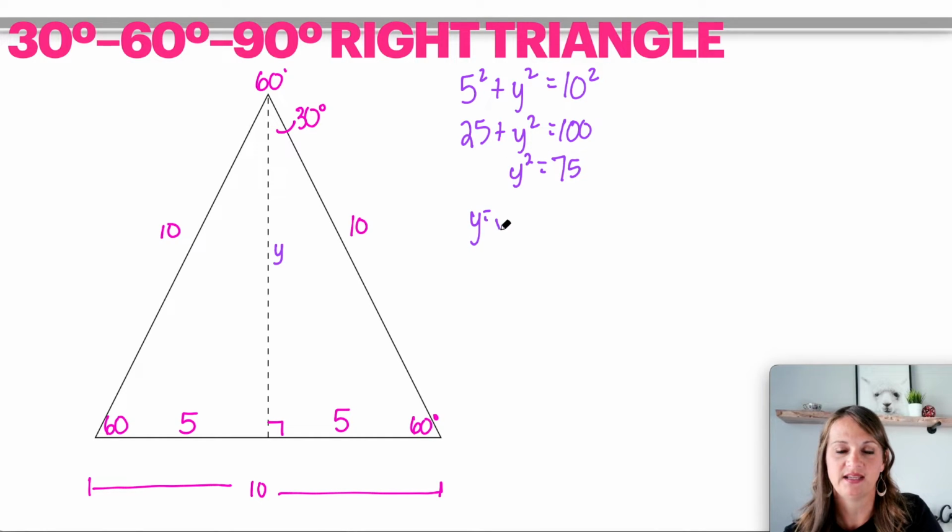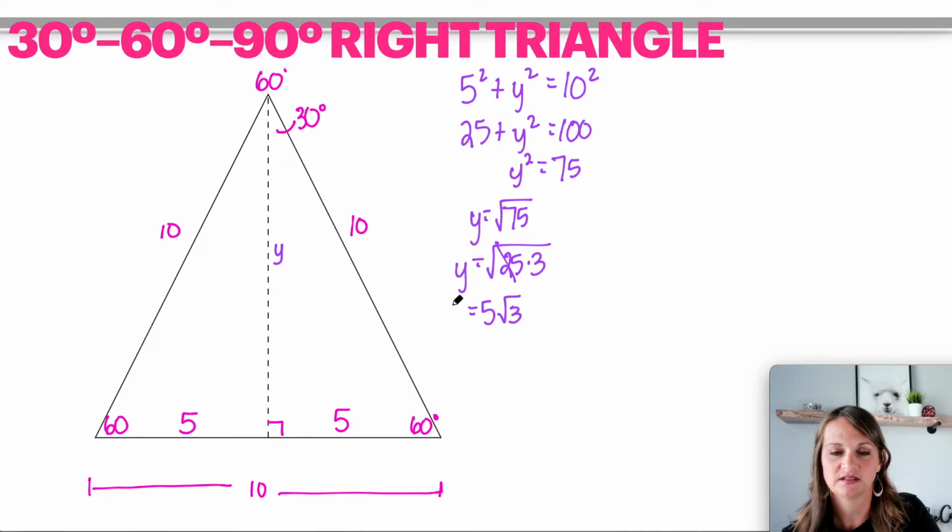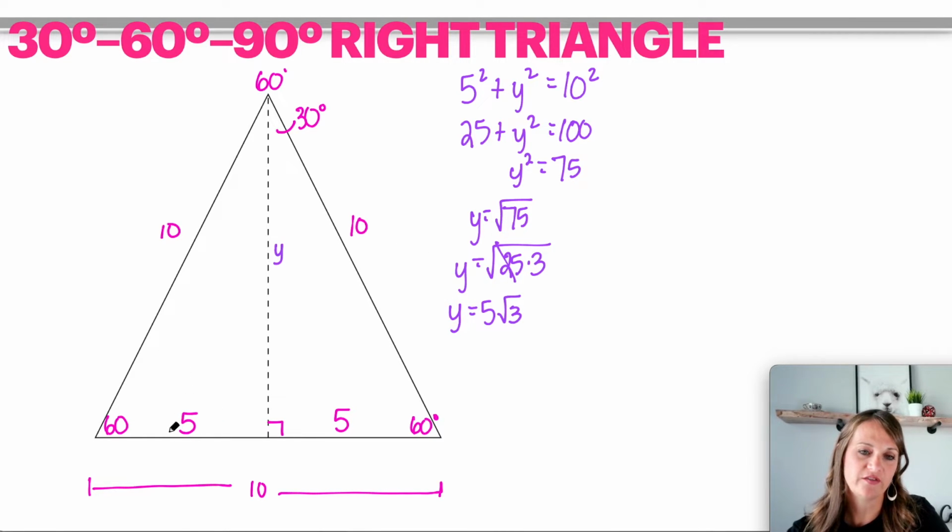So therefore y equals the square root of 75. 75 is 25 times 3. And the square root of 25 is 5. So if you notice the correlation, whatever this bottom down here is, the y value, that other side, is going to be that number times the square root of 3.